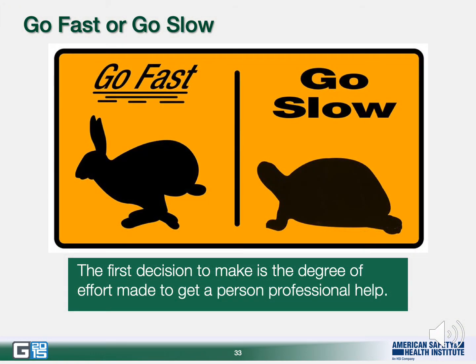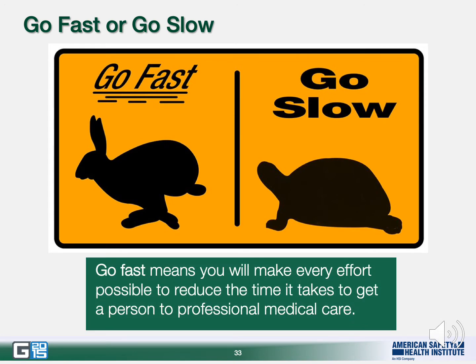So, do you go fast or do you go slow? The first decision to make is the degree of effort to get a person to professional help. That's going to depend on how serious you think the problem is. Go fast means you'll make every effort possible to reduce the time it takes to get a person to professional medical care.